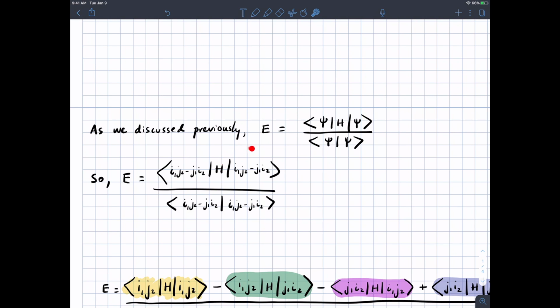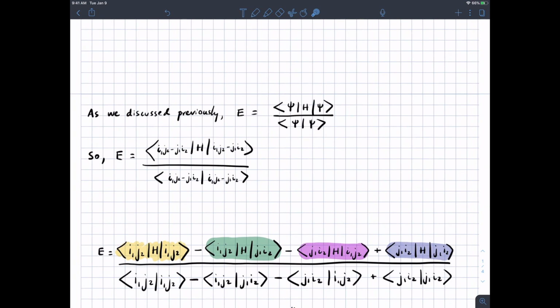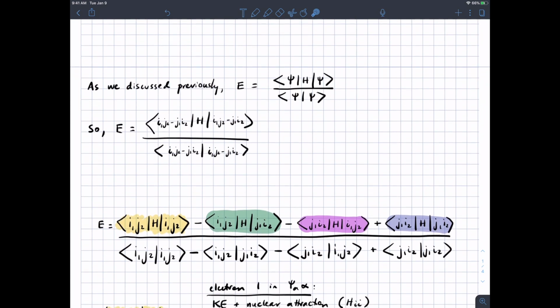Similarly, if we take Hamiltonian applied to minus J1I2 times I1J2, we get the green term, and then similarly we get the blue term. And we can do similar things on the bottom. So that's just algebra. Don't necessarily worry about copying it down. And you'll have these notes available. But this is what our expression for energy starts to look like.